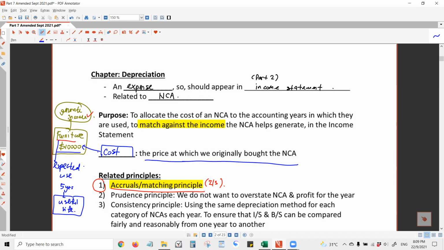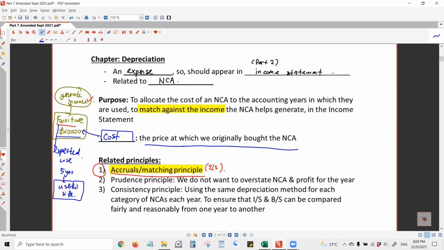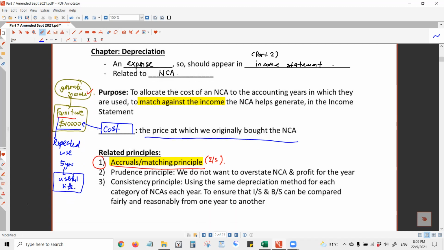So it means that you see $10,000, right? And you are going to use it for 5 years, right? It means that for each year, you are going to use $2,000 worth of that furniture. Can we say so? You bought it for 10,000 and you think that you will use it for 5 years.